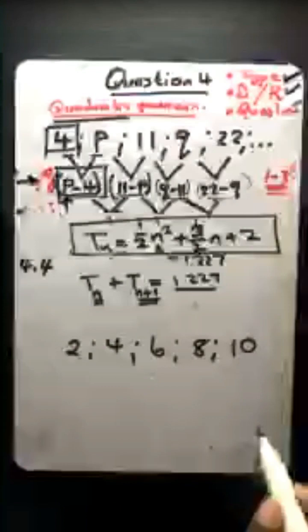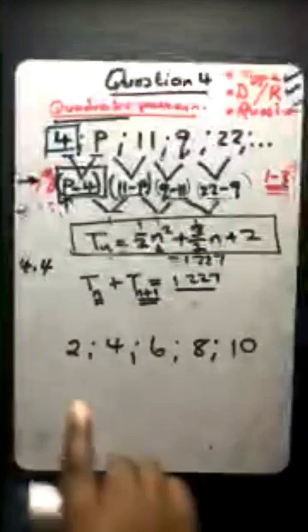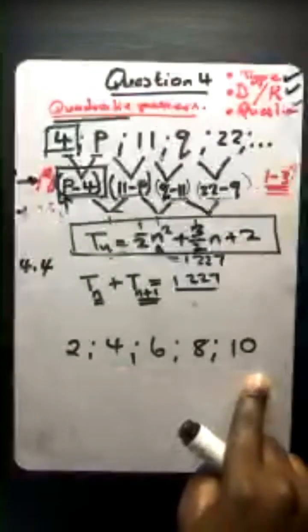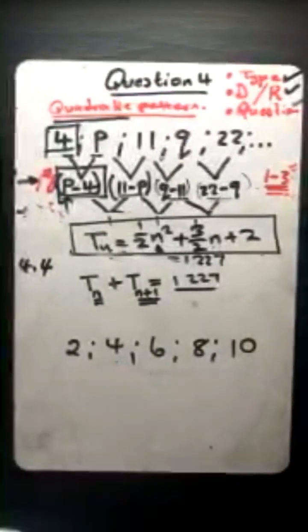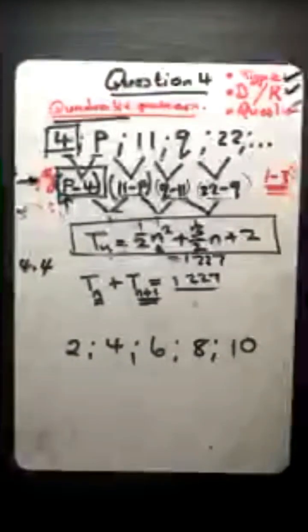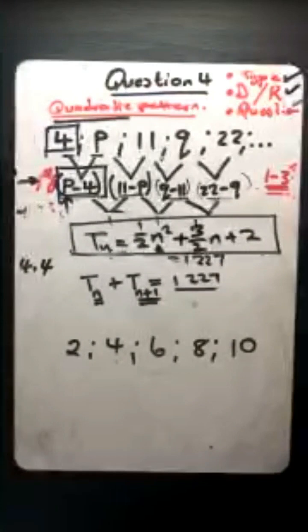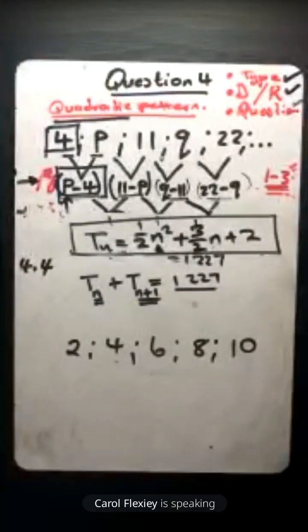What is that term? You guys know what is that term? When you add them together, they give you 14. What is that term number? Or what are those 2 term numbers? 6 and 8. 6 and 8.